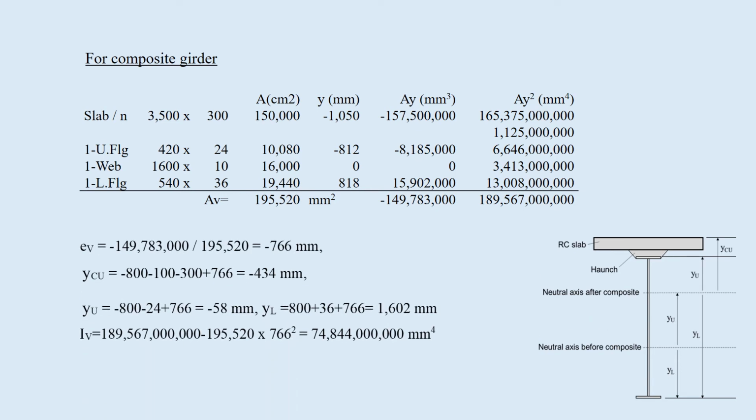At first, the neutral axis is assumed at the web center. Then the eccentricity ev from the actual neutral axis is obtained by Ay over A. ycu, yu, yl, the moment of inertia Iv, are obtained like this.